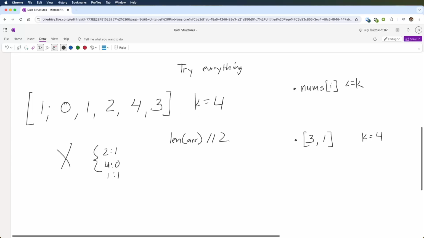So here we have a length of 6, so we know that we have 3 total pairs. So if at any point this length minus this count, so let's say we have 3 minus 1 equals 2, what this means is that there's 2 other pairs that we have to change, right?